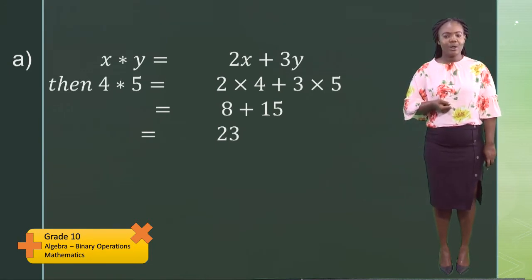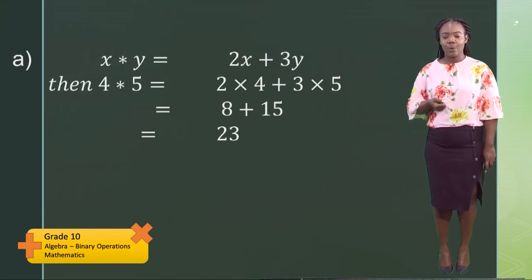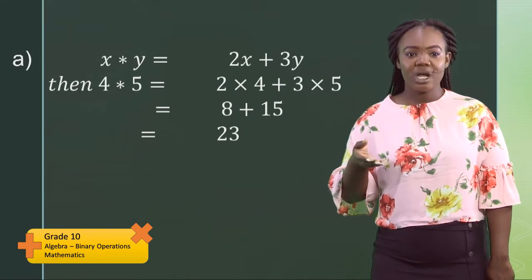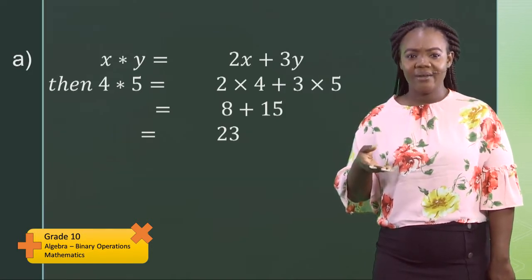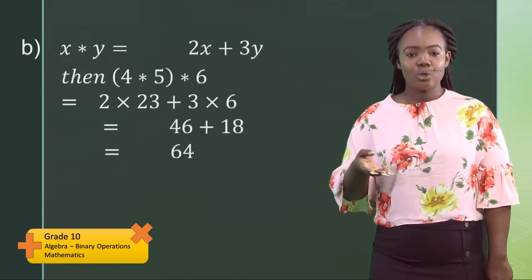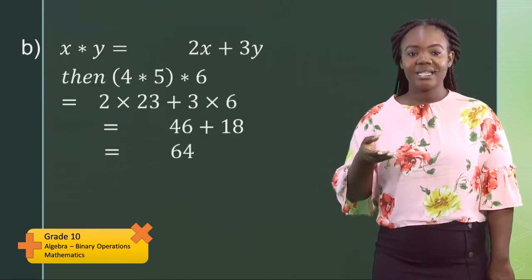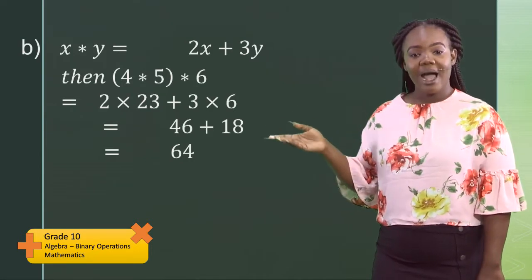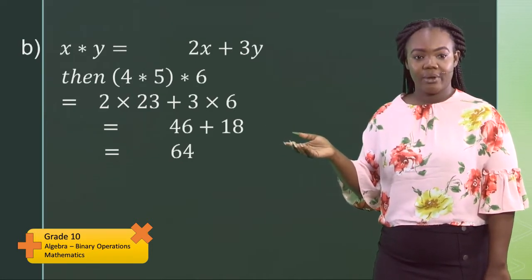Let's continue to look at the other examples that were given. Here they ask us to find 4 star 5 star 6. But if you remember, we just solved for 4 star 5. So we know that 4 star 5 is 23. It is not necessary that you go back through the process of solving for it. We already have a value for 4 star 5.